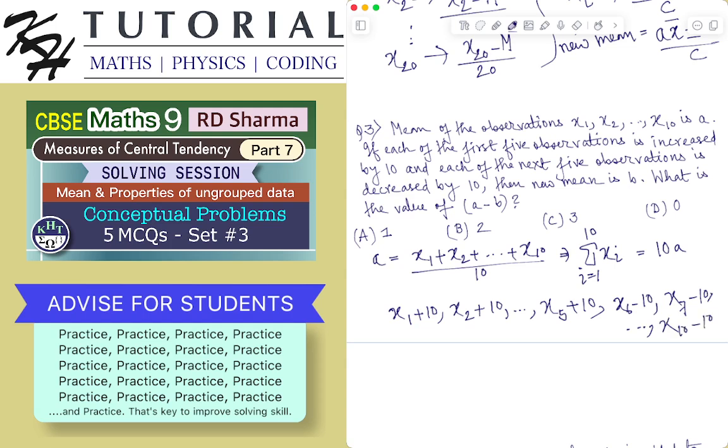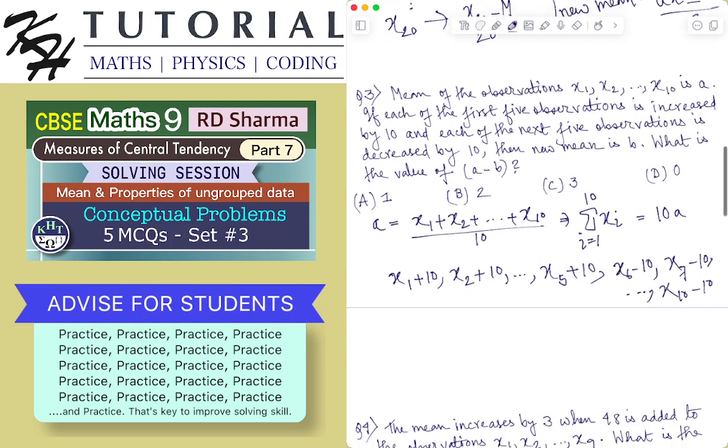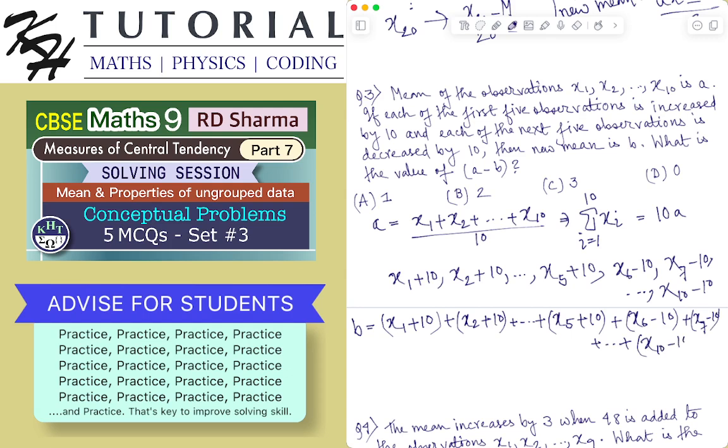The mean of these observations is given to be B. This means that B is equal to (x1 plus 10, x2 plus 10, like this up to x5 plus 10, and then x6 minus 10 plus x7 minus 10 plus up to x10 minus 10) divided by 10.